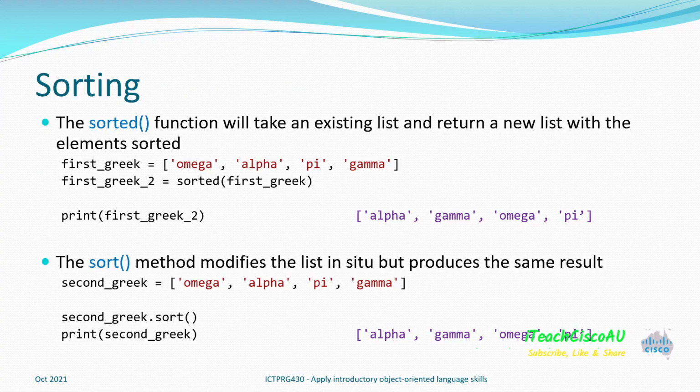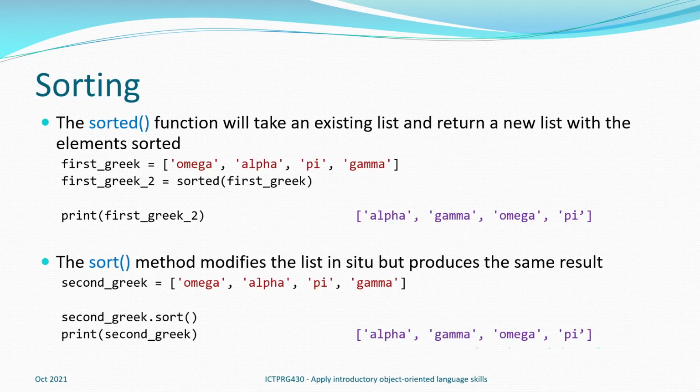Sorting. So this one allows us to go through and grab our list and rearrange it in alphabetical order. Now, why would we want to do that? Well, some people like having things in a particular order.